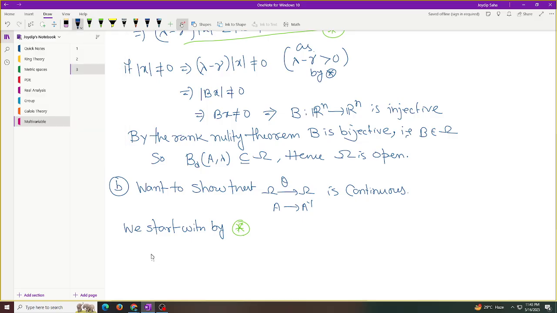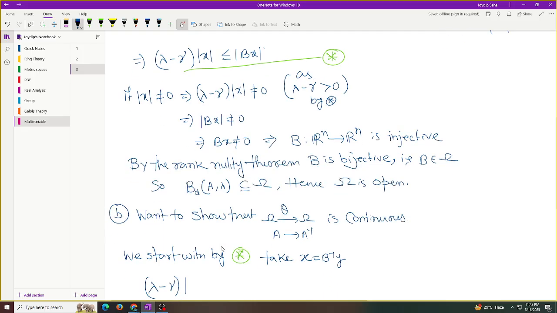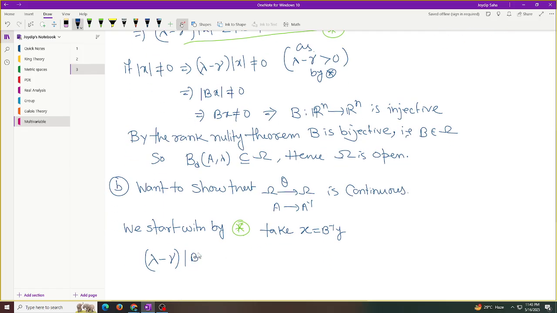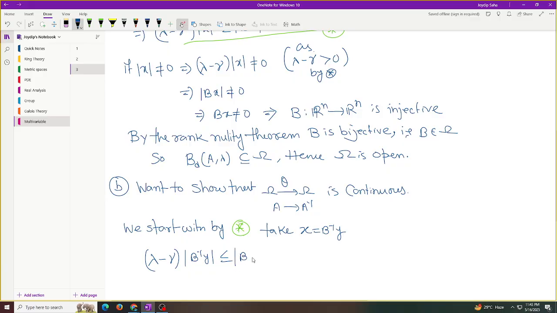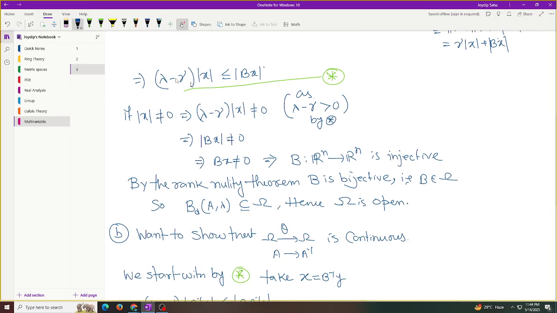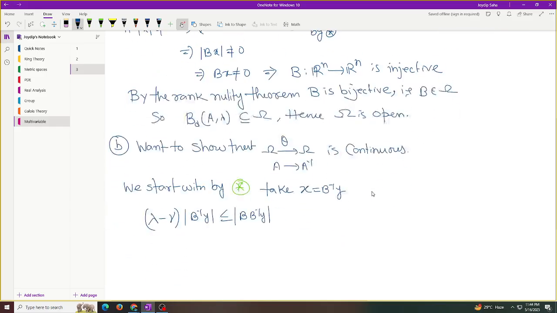So we have lambda minus gamma mod B inverse y, mod B inverse y is lesser equals to mod y. Okay, this line, start with this line.